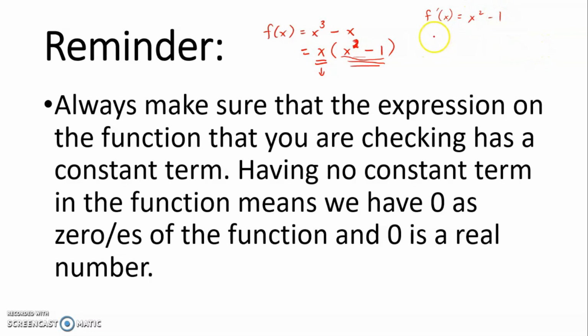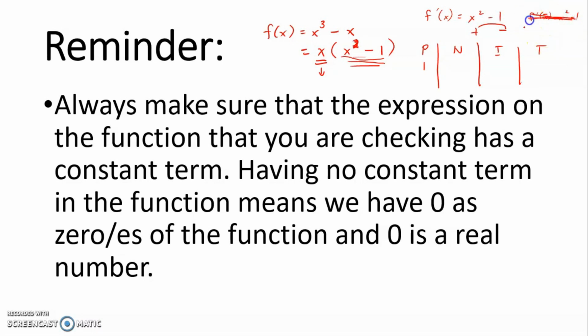Just look for your positive, negative real roots, imaginary, and then total. So look at this. This is positive, this is negative. So for positive real roots, you have 1. Negative real root, f prime of x is x squared minus 1 also. f prime of negative x.